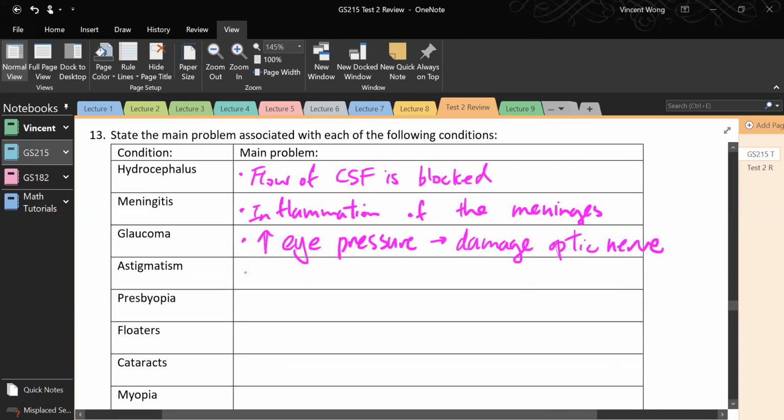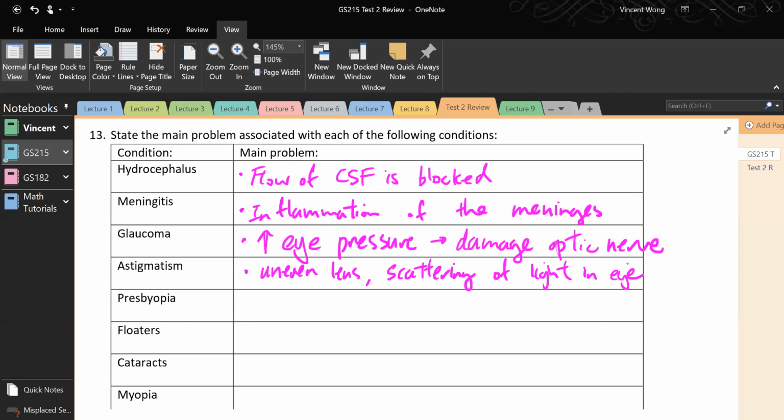Next one is astigmatism. Astigmatism is you have an uneven lens, which causes scattering of light in the eye, and that makes it difficult to focus on objects.